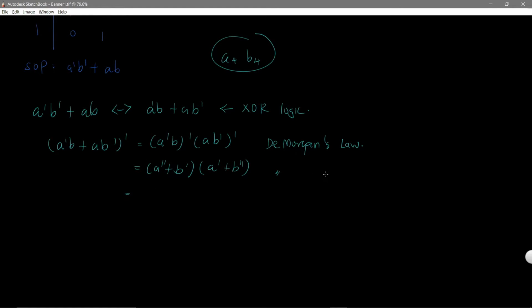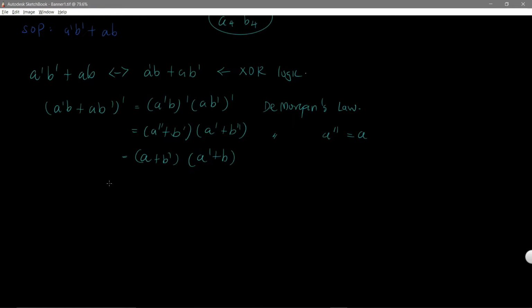And we know that a double complement of A is equal to A. Finally, an expression dot product by its complement is equal to 0.